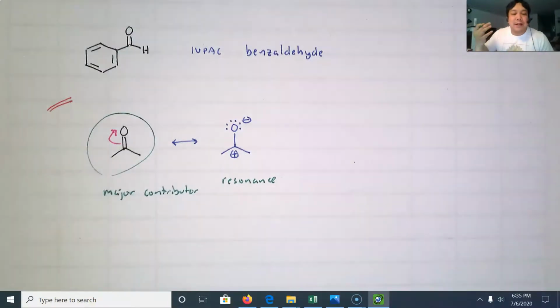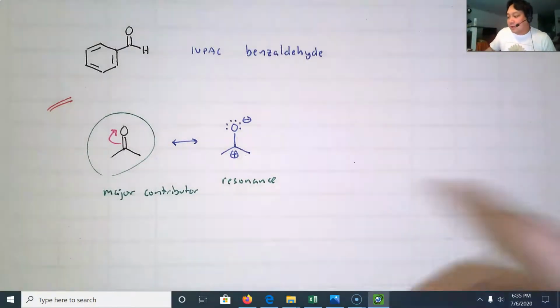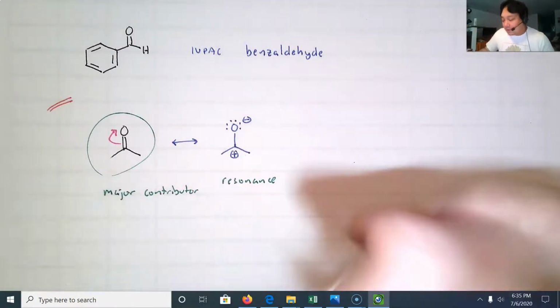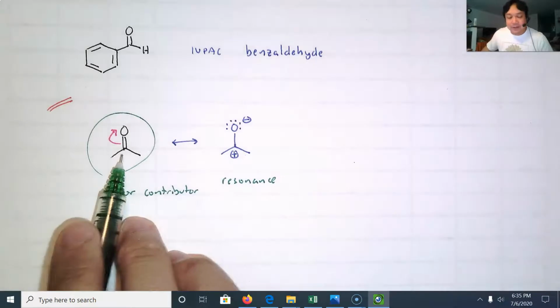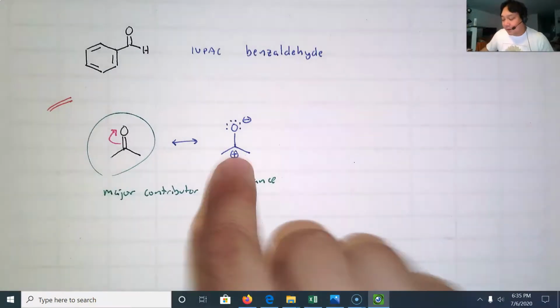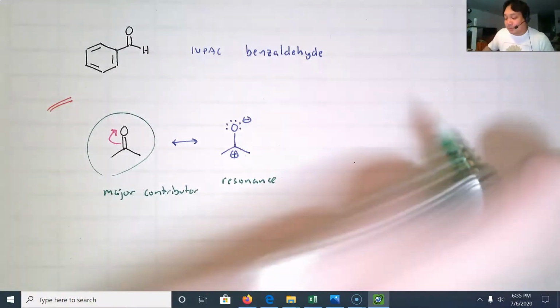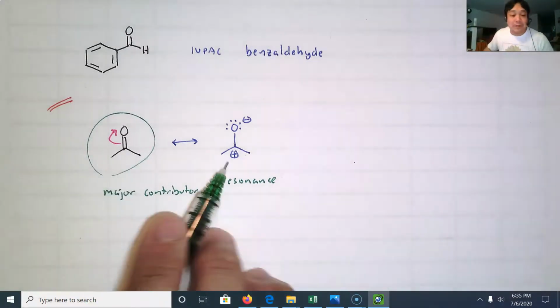But what does this tell us? If the actual molecule is the combination of your two resonance contributors, then yeah, this carbon does have a significant positive charge. Not a full positive, but a partial positive, somewhere in between neutral and +1.